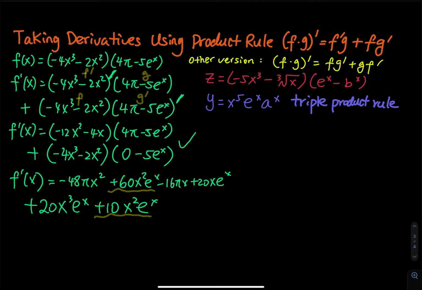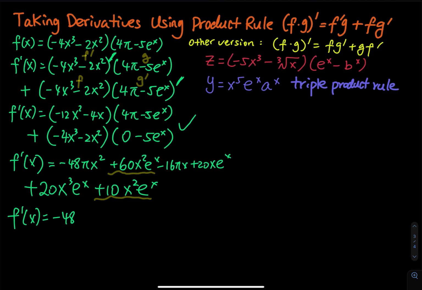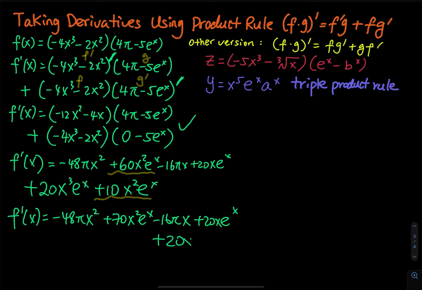So overall, we have the first derivative equal to negative 48 pi x squared, and then 60 plus 10 is 70 x squared e to the x, and then we copy everything else, and then minus 16 pi x, and then plus 20x e to the x. And then the last term is plus 20x to the third e to the x.